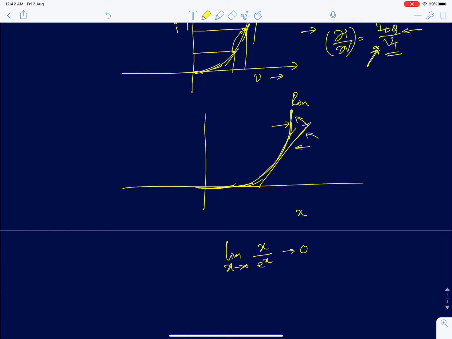In fact this is true even for x power n, any finite value of n, any polynomial in x, when you divide it by an exponential function, eventually as x tends to infinity, this value is going to tend to 0. What it means is that your exponential function is eventually going to increase much faster compared to any polynomial of finite degree.